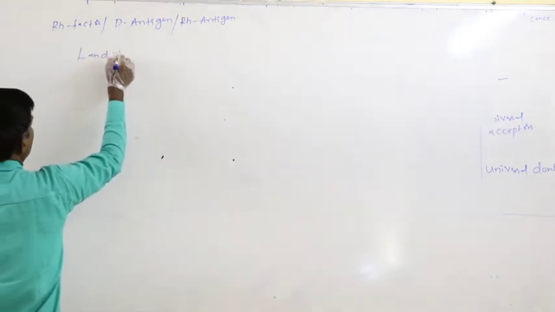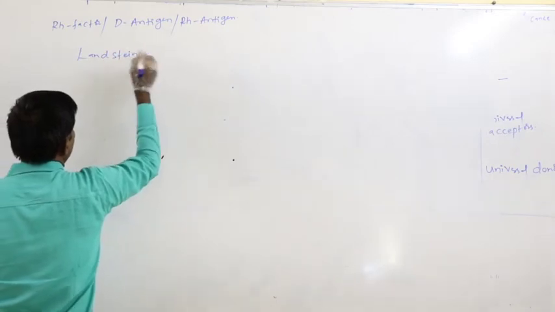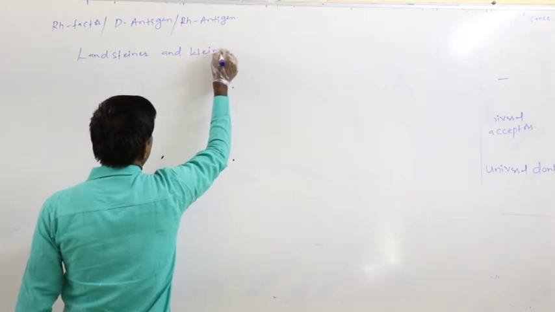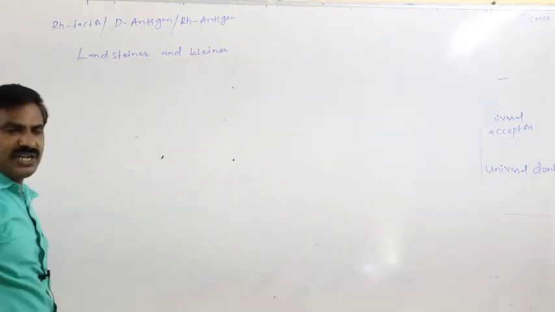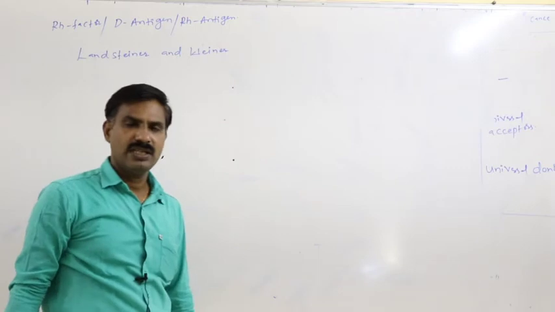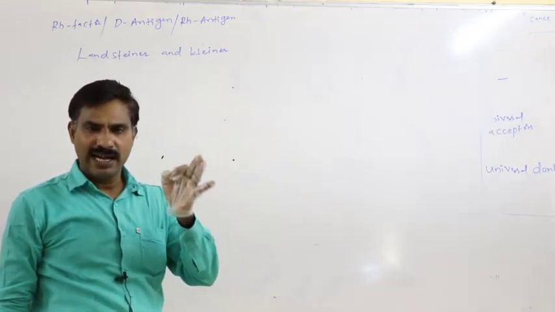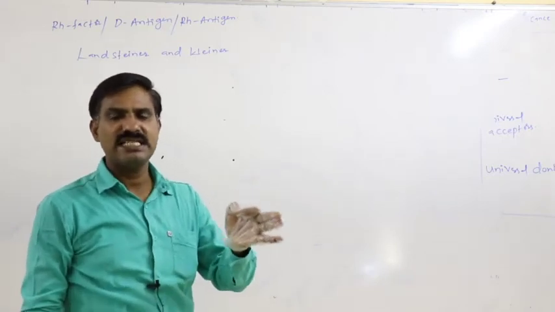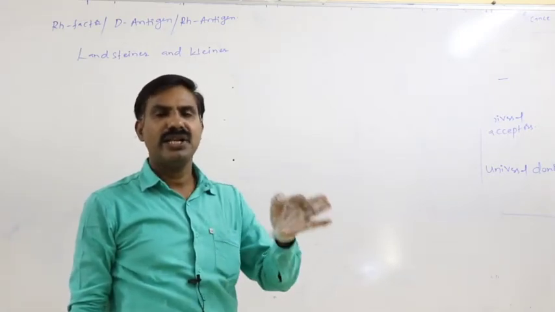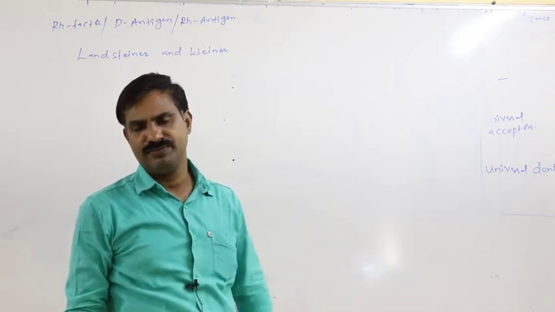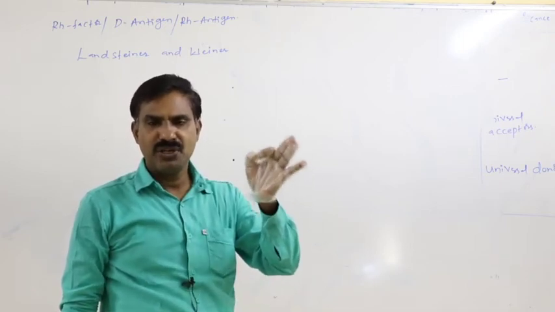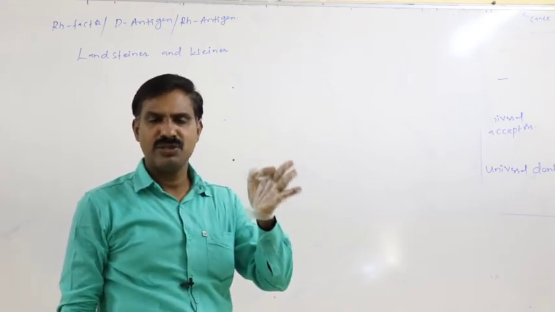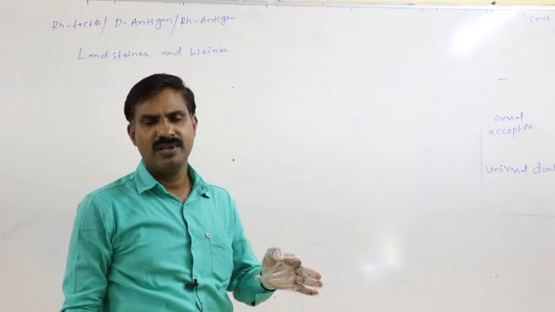Landsteiner and Wiener discovered another antigen on the surface of the RBC of rhesus monkey in addition to the normal antigen, such as antigen A and antigen B on the surface of RBC.